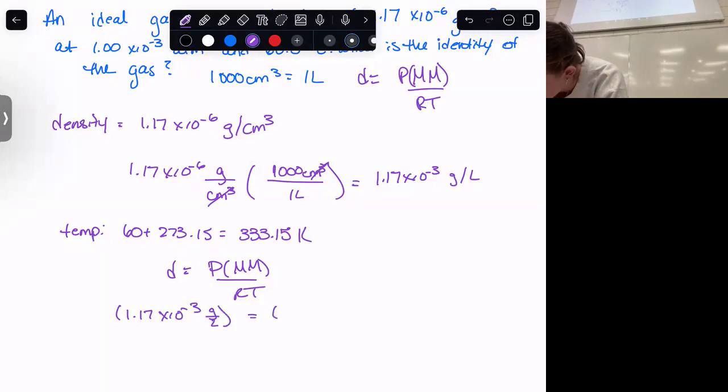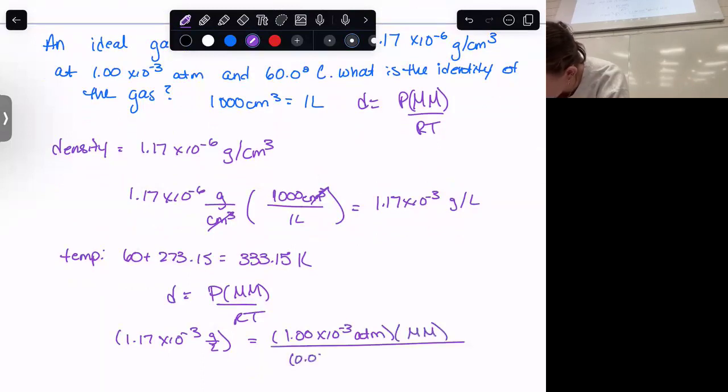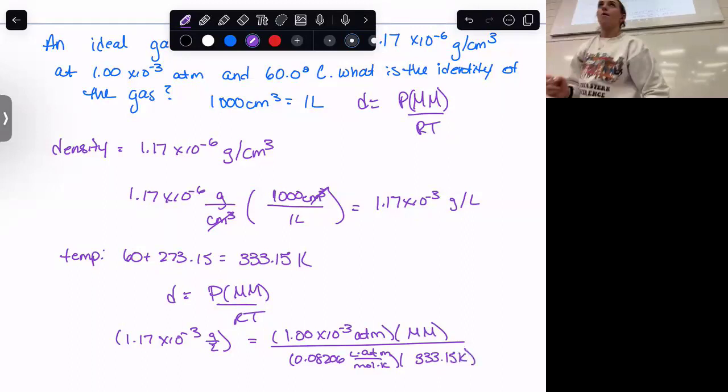Pressure we said was 1.00 times 10 to the negative 3 atm. We don't know our molar mass. And then we'll have 0.08206 liters atm per mole Kelvin. And temperature was 333.15 Kelvin.